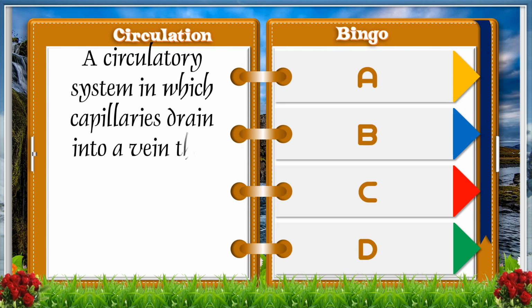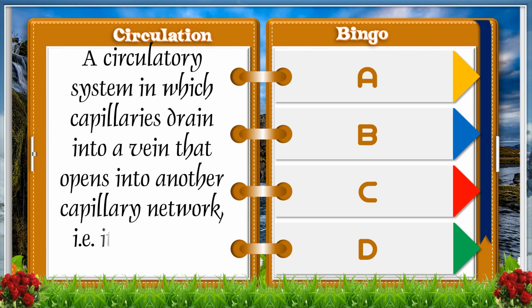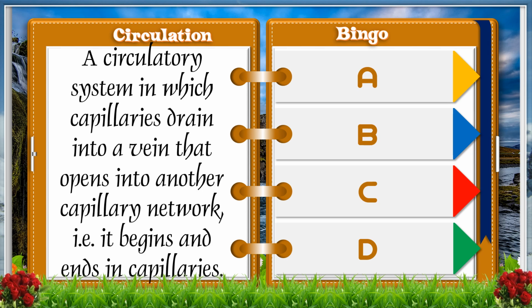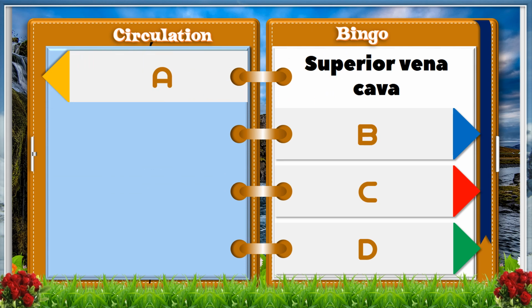A circulatory system in which capillaries drain into a vein that opens into another capillary network, i.e., it begins and ends in capillaries. A. Superior vena cava.